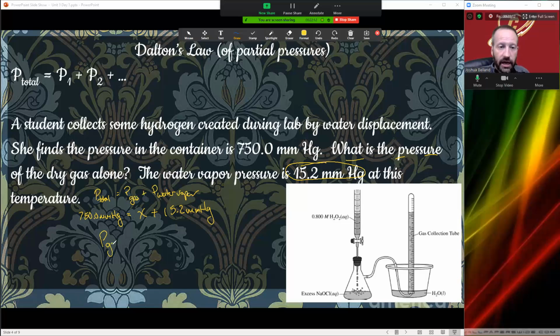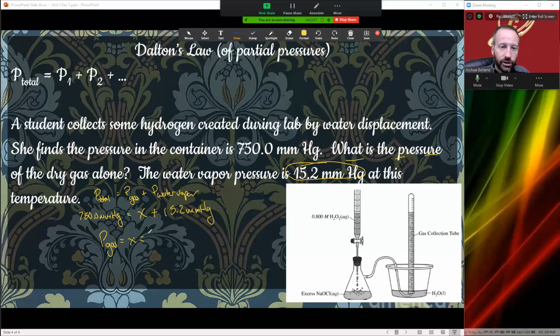So pressure of the gas, which is X, is, and so yeah, you can see the math is really easy. So Dalton's law is really easy math. Knowing when to use it and how to use it well, that could be tricky. I have another example coming up to show you that it can appear tricky. It doesn't have to be. But anyway, I'm doing this math.